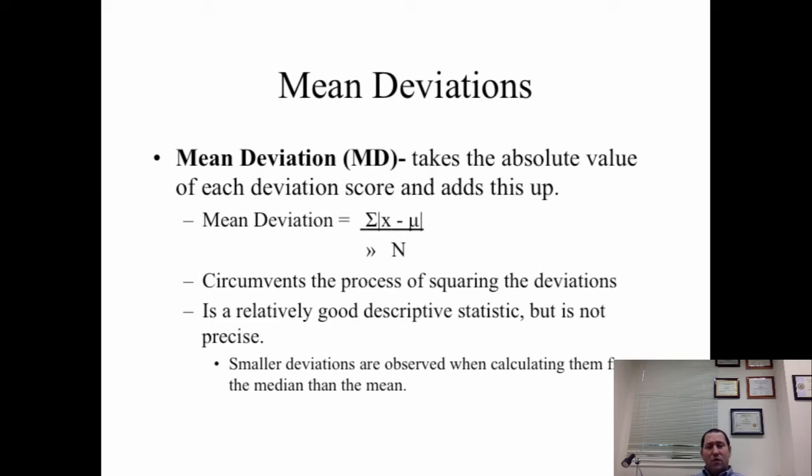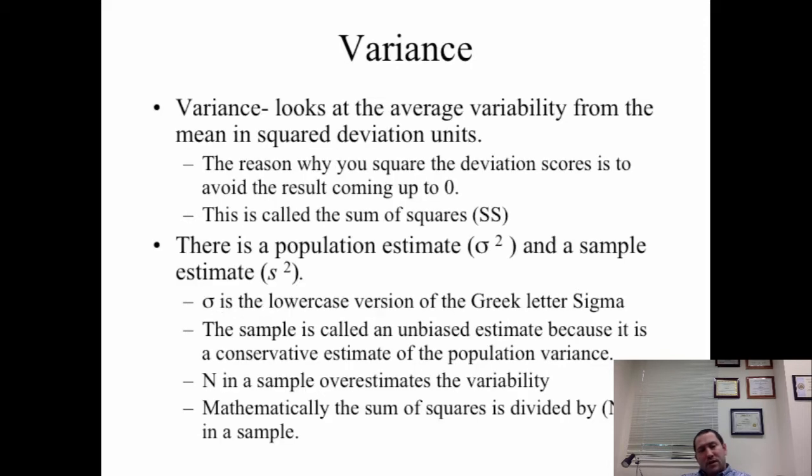If we look at the median, we're going to get smaller deviations. And that's to be expected because we said that the mean is sensitive to extreme scores. The median is not. Okay. So you're going to have smaller deviations as well.